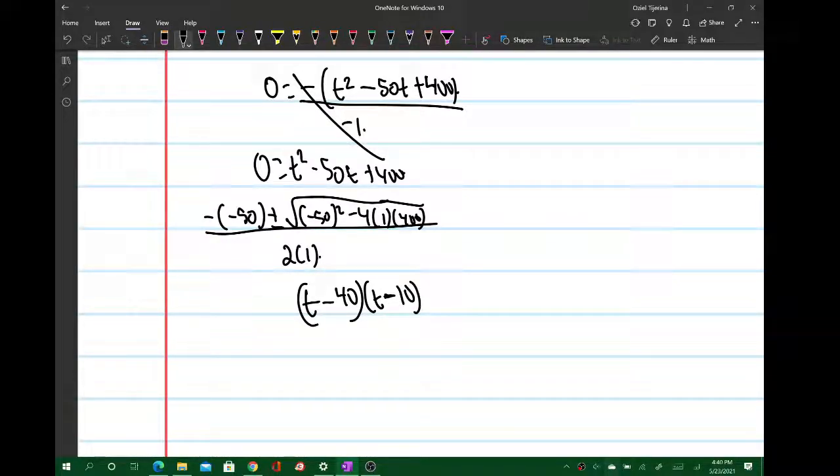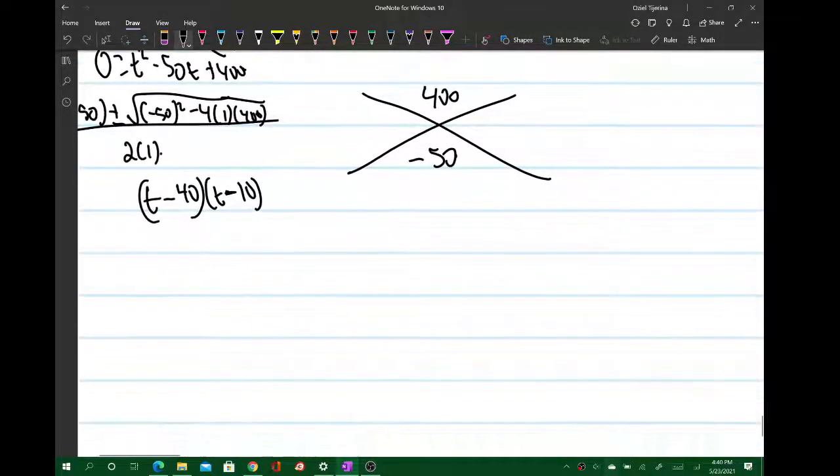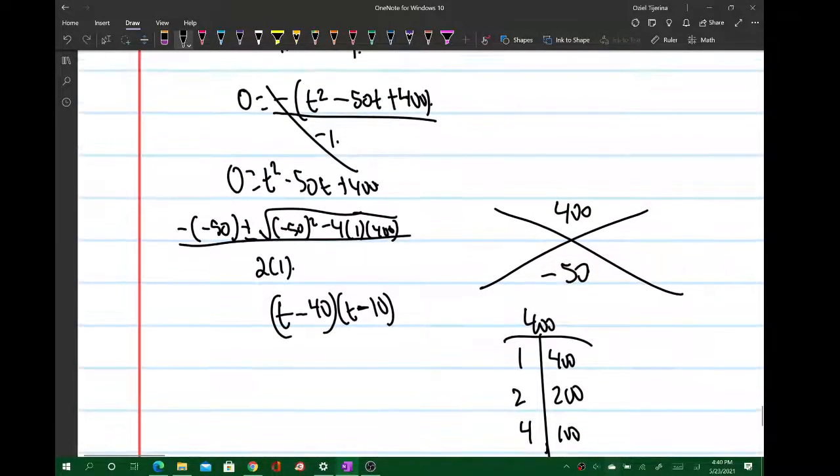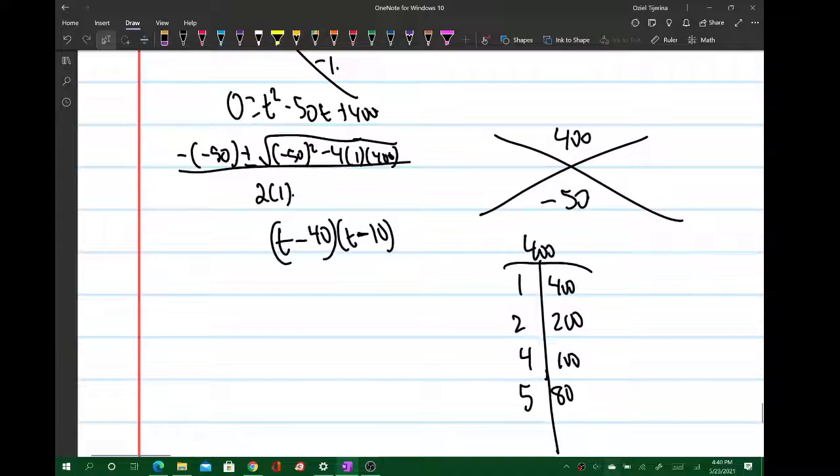However, if you don't know two numbers that multiply to 400 and add to negative 50, just know that when you do the tree, it's going to take a little longer.